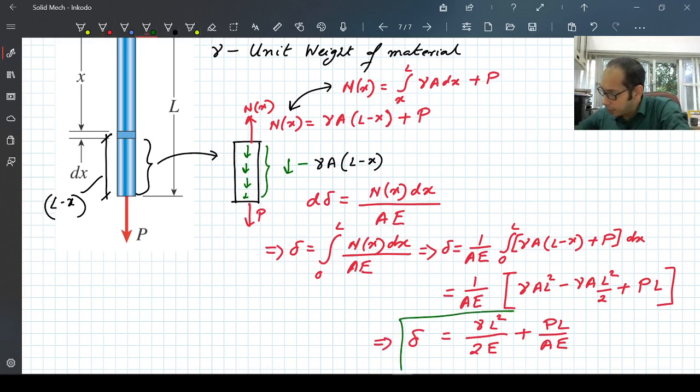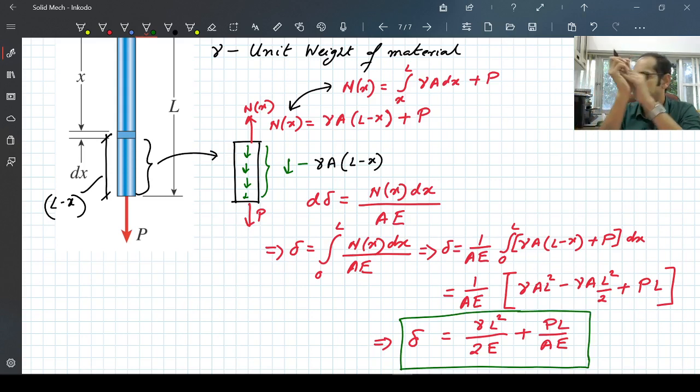But while I am marking this, I want you to introspect and think: does it logically make sense? For instance, everything is a positive quantity. In addition to just having this load P over here, because you have a self weight, you will have some additional deflection. But suppose the bar was weightless, so essentially gamma is 0, you don't have a unit weight.